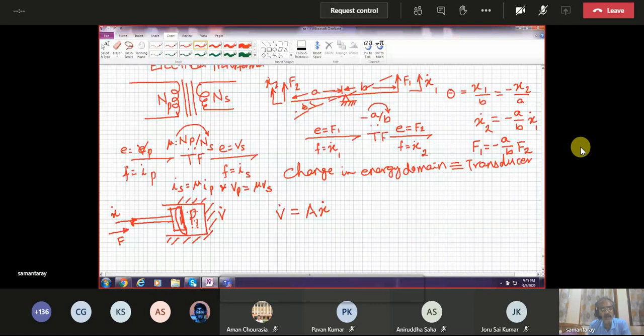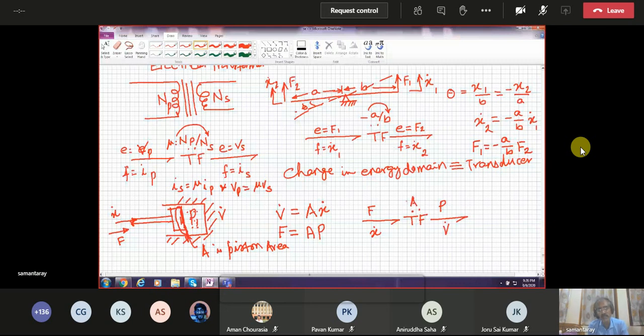We also get F is equal to A times P. So when you multiply, P V dot is equal to F x dot. So this is a transformer. This side F, x dot, this side P, V dot, the transformation is the area. So this is a clear transducer.